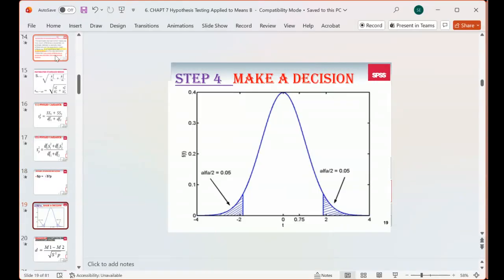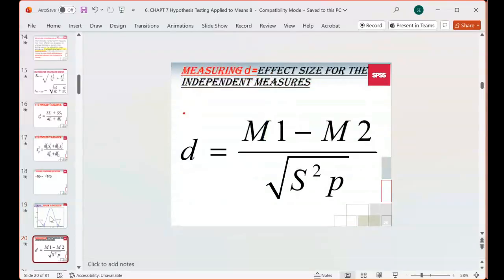That's what SP is. And step 4, you make a decision. Those highlighted are the critical region or rejection zone. If our calculated t is greater than the critical value, where the cut points are, it's going to go into the critical region or rejection zone, and we reject.